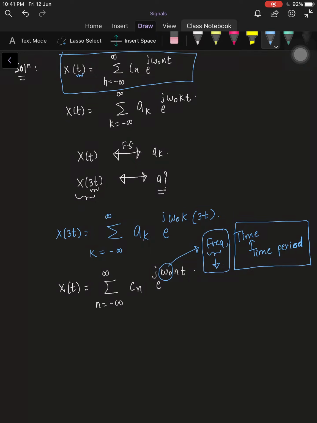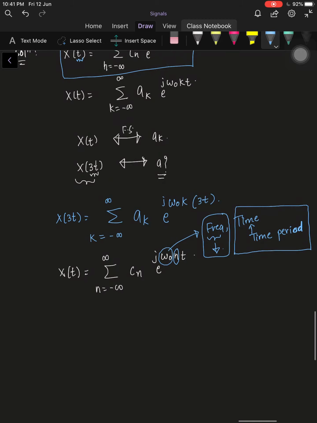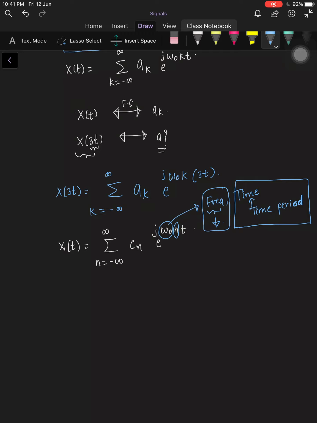Then comes the term Cn. That is to say, x of t is a summation of weighted complex harmonic exponentials. For a value of n, this will be the corresponding coefficient.